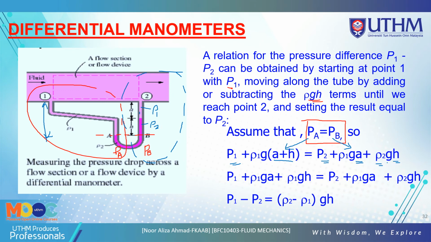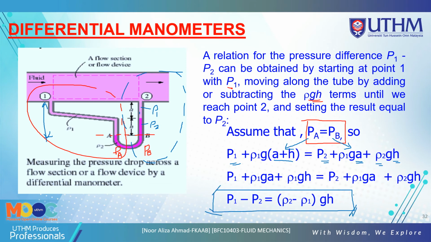So this is a differential manometer, because you must consider the pressure at 1 here and also the pressure at 2 here. So you have pressure 1 and pressure 2. You extend the equation until you get this one, just put P1 minus P2, and you get the equation for this differential manometer.